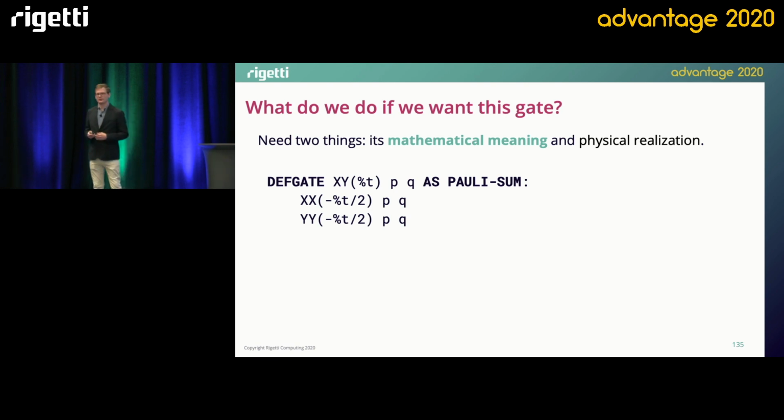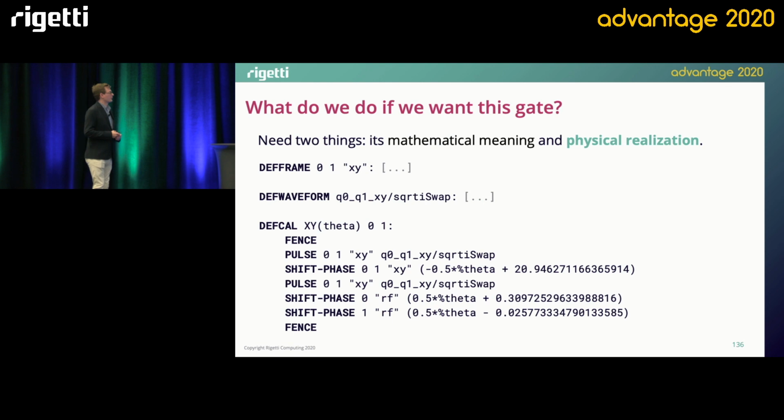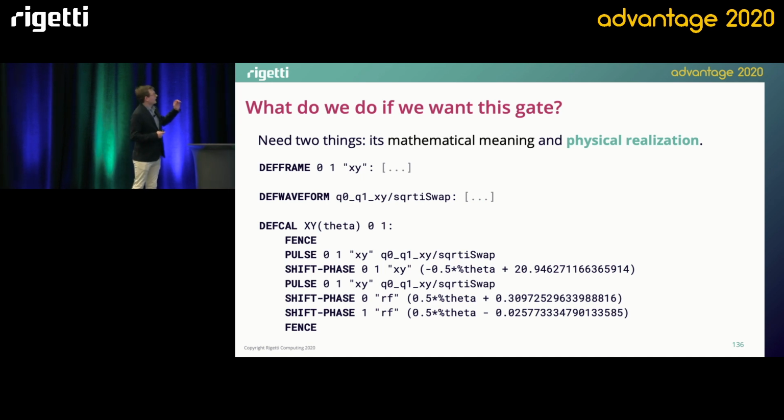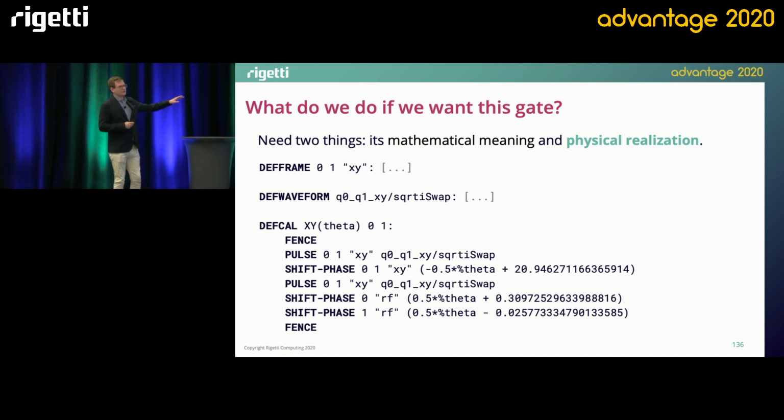We provide the mathematical representation. That's half the story. But we also need to say how to realize this gate on hardware, and that's where Quilt comes in. So we define our frame for running these pulses. We define the waveform. There's a special shaped waveform that we need to fire down the drive lines, which looks like an I-swap interaction approximately, if I remember correctly. And then we define the actual action that ought to occur when we run an XY gate.